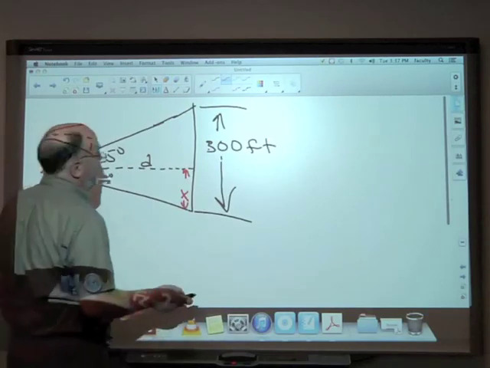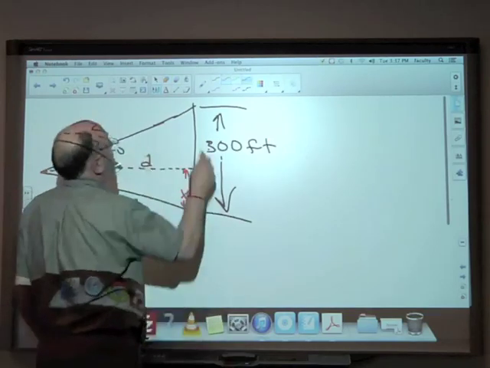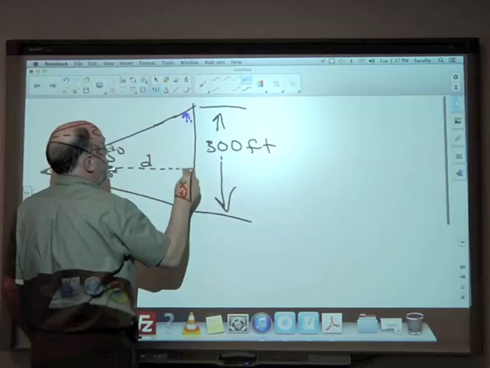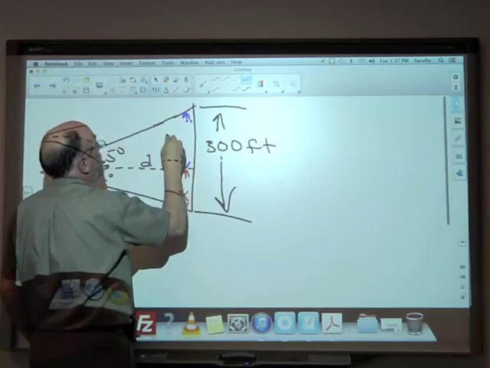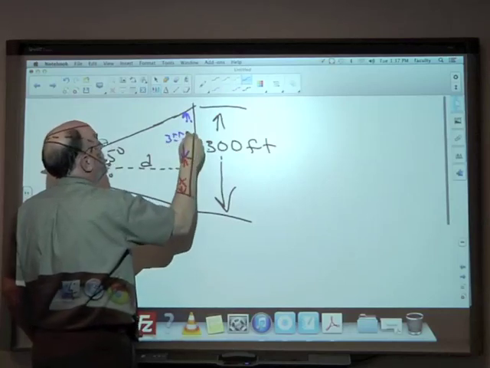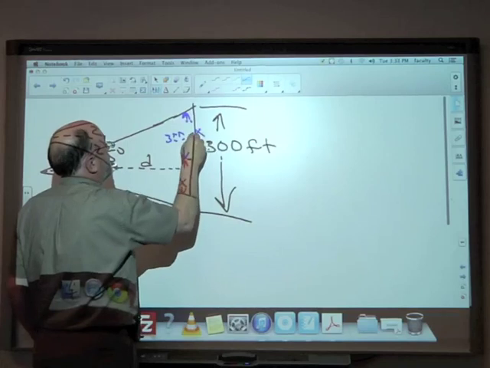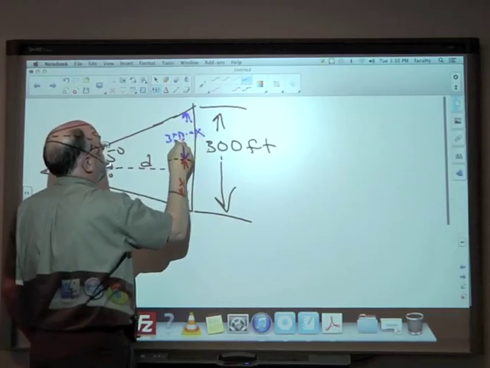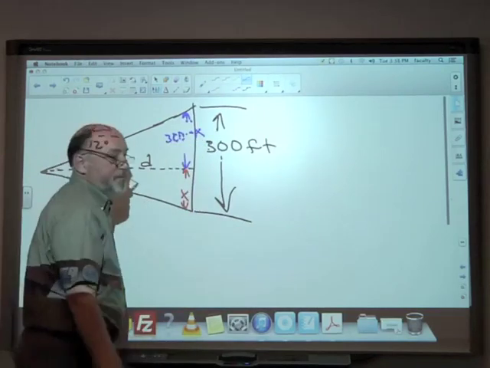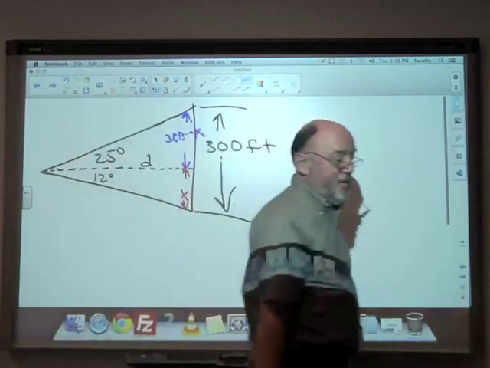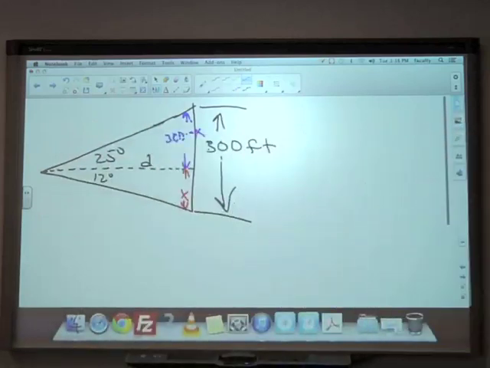Which means then that from here to here will be 300 minus x. After all, if one part is x, the other part will be 300 minus x, right? So if I tell you that one part is 100, the other part is going to be 200. Subtract.